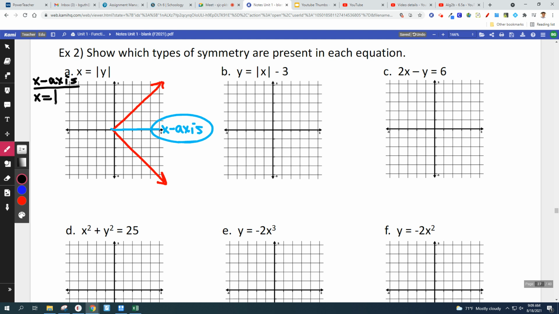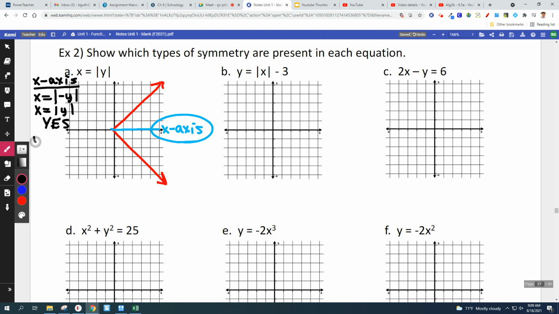X equals absolute value of, I'm going to flip y. And I'm just going to see what happens. Absolute value of opposite y, well, that's just going to be the same thing as absolute value of y. So really, flipping y doesn't have any effect. Flipping y, I end up with the exact same equation. So this tells me that yes, it does have x-axis symmetry.